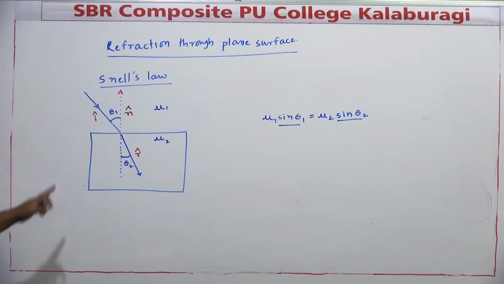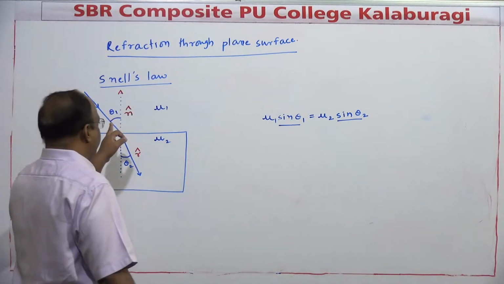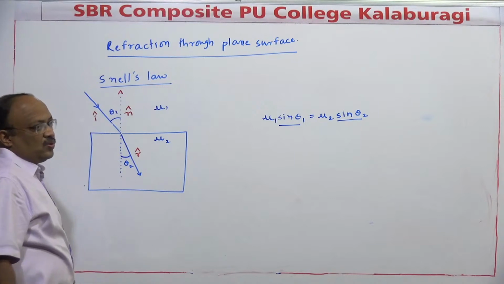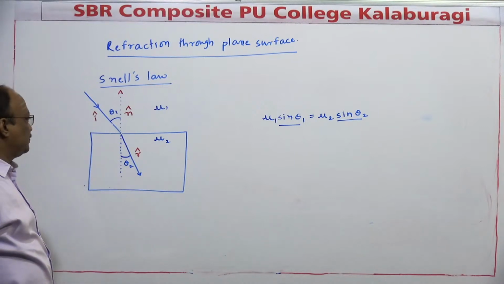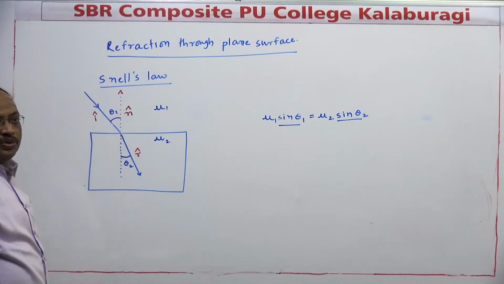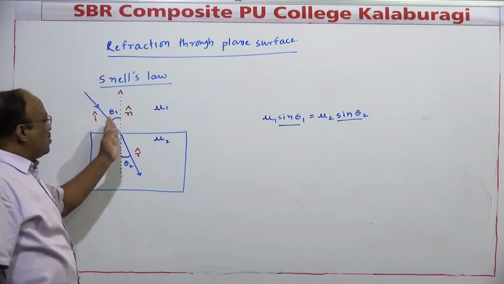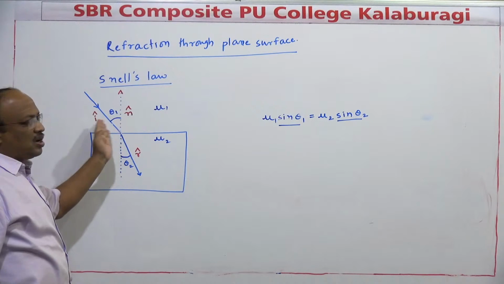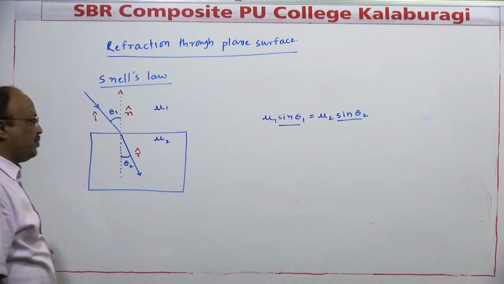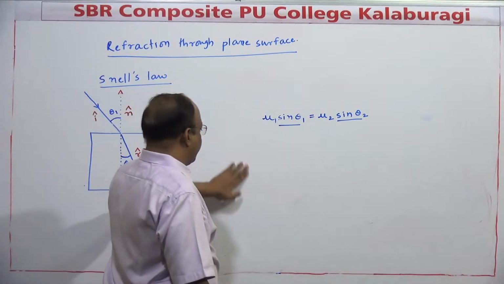Now theta 1 is the angle between the incident ray and the normal to the surface. We will find the cross product of these two.